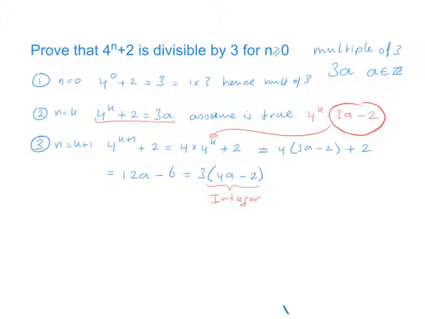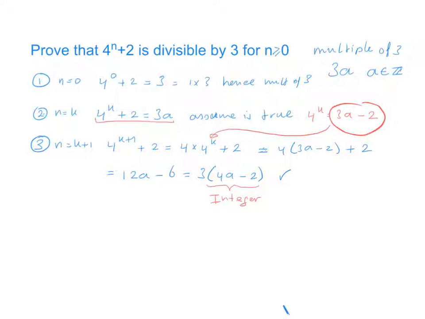So in other words, 4 to the power k plus 1 plus 2 can be expressed as a multiple of 3. So a big tick there, because that's exactly what we needed to prove. And it assumes that 4 to the power k plus 2 is a multiple of 3. So assuming step 2 is true, we have now proven step 3 is true.